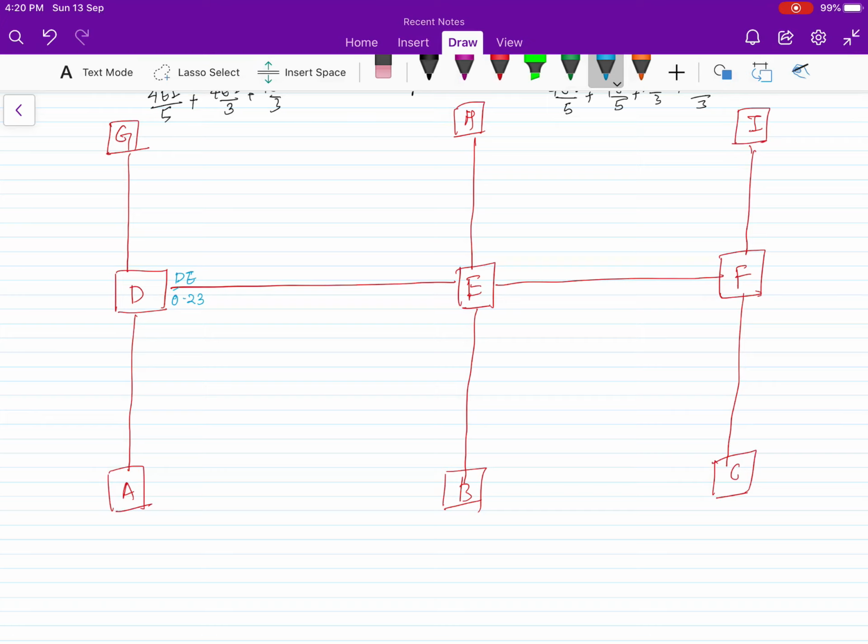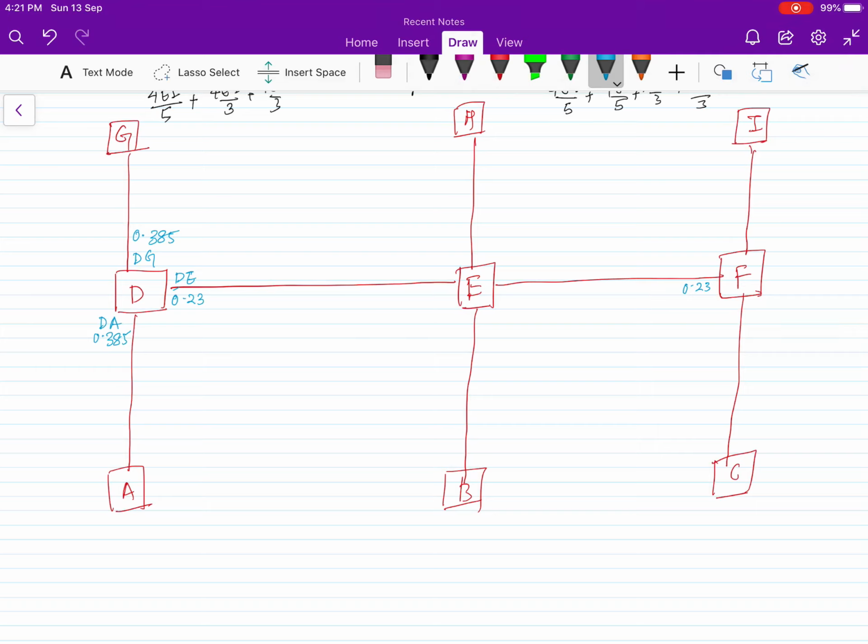For this column DG we have 0.385 and for DA column, the below one, we have again 0.385. Okay, these are the distribution factors I'm writing. Then for F also it's same, so I'll put here 0.23 for the beam.